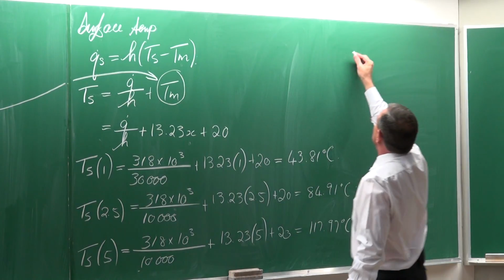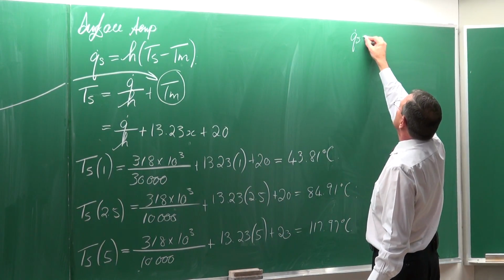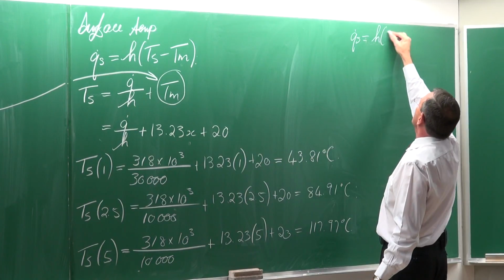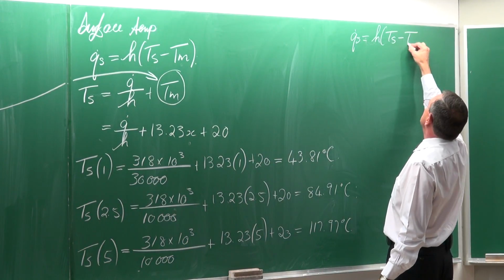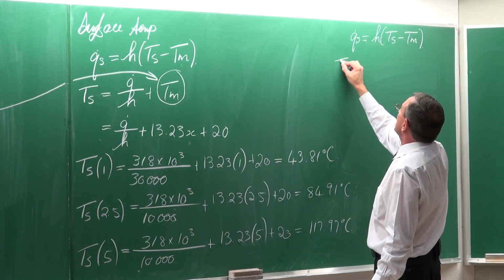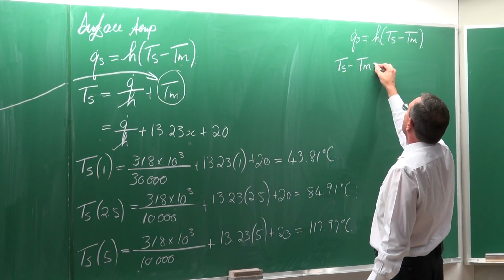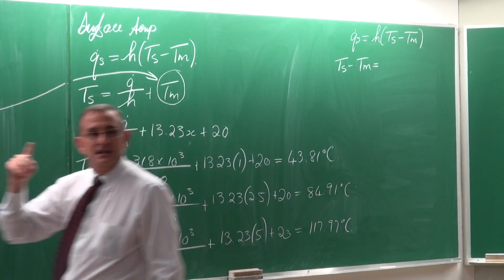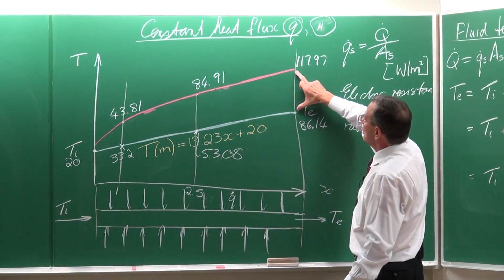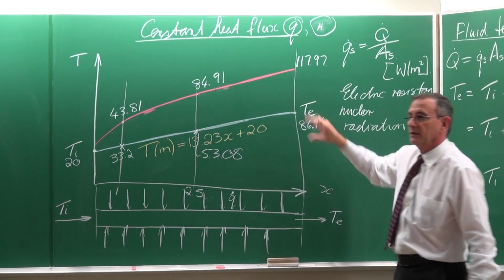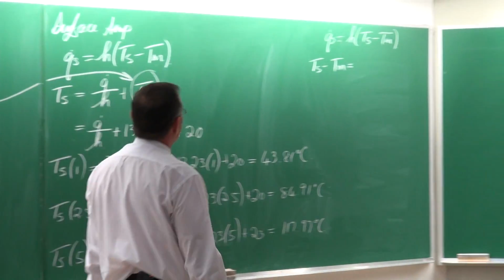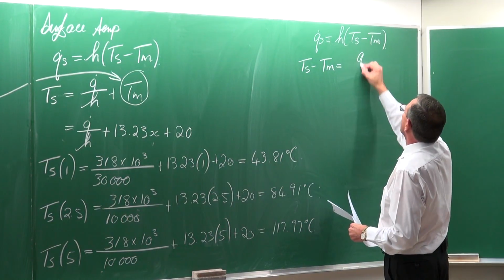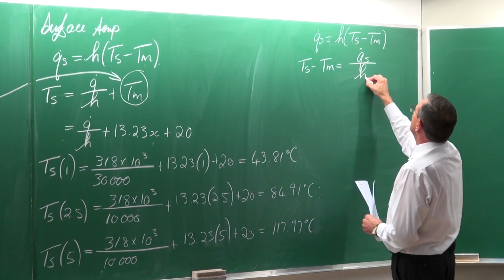Coming back to this equation, the heat flux is equal to the heat transfer coefficient multiplied by Ts minus Tm. It means that Ts minus Tm is the difference between those two temperatures. So Ts minus Tm is equal to the heat flux divided by the heat transfer coefficient.